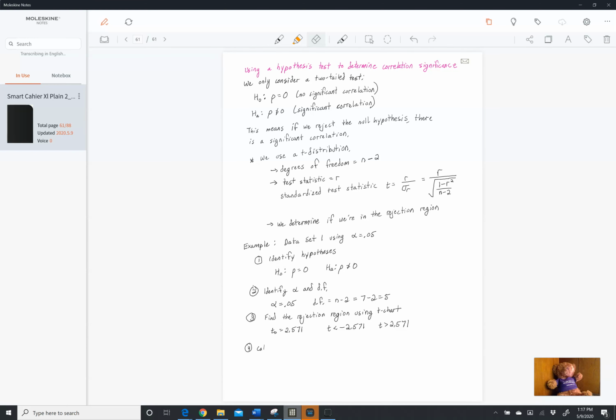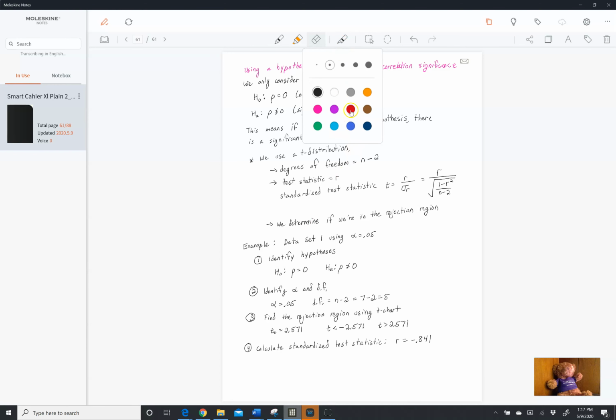So now we calculate the standardized test statistic. Remember that our R was equal to negative 0.841. This we calculated already.